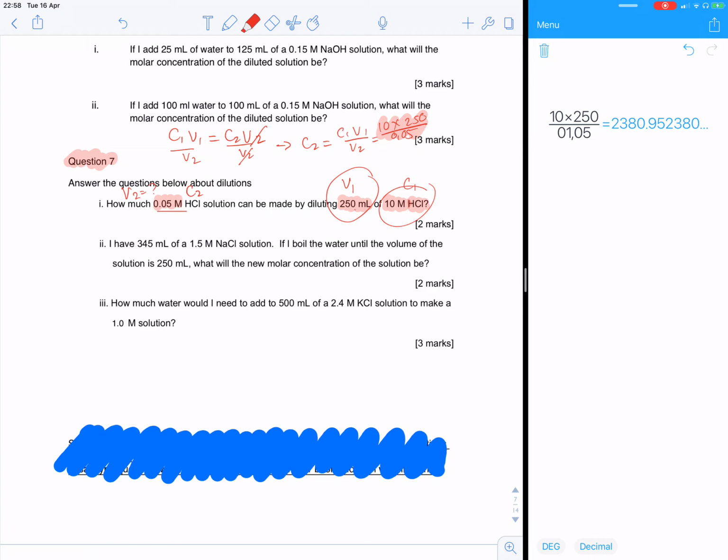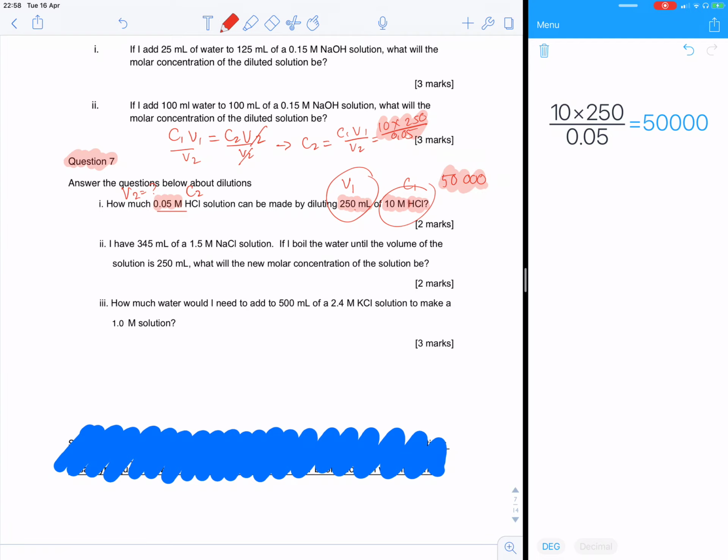Okay, we have to go back. Let's do that again. 10 times 250 divided by 0.05 gives us 50,000. Okay, so we need V2 to be 50,000. That's the answer to that one.